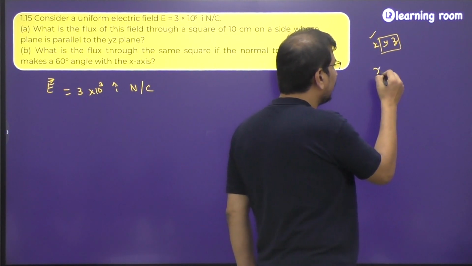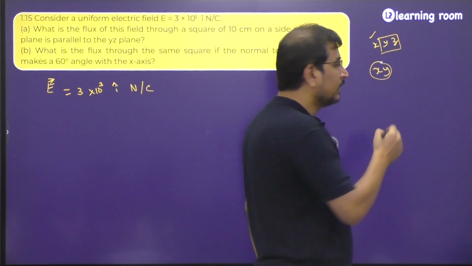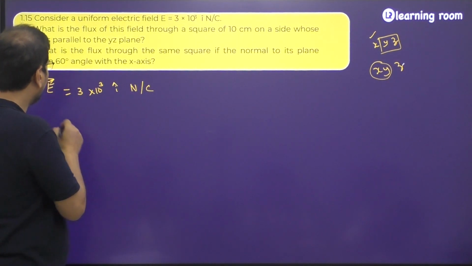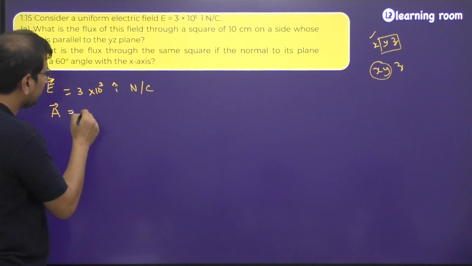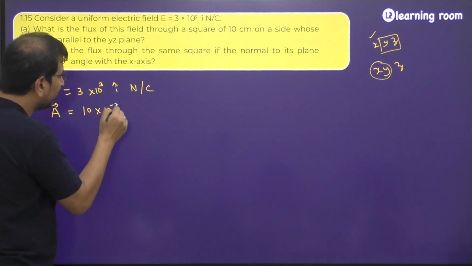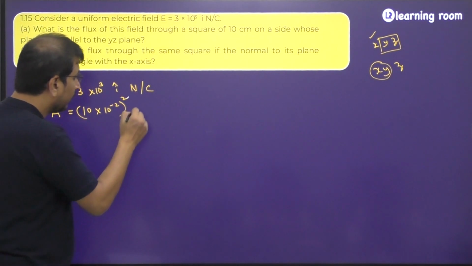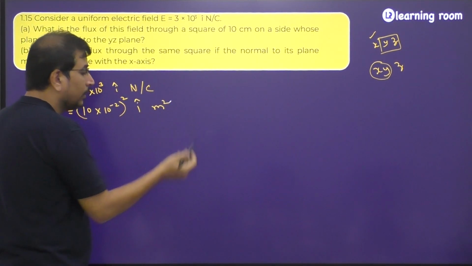Similarly, if something is confined to the xy plane, then its area vector will be in the z direction. That's it. So in this case, area vector is going to be equal to 10 into 10 power minus 2 the whole square times I cap, in terms of meter square.